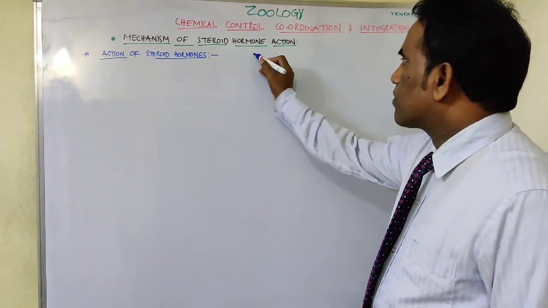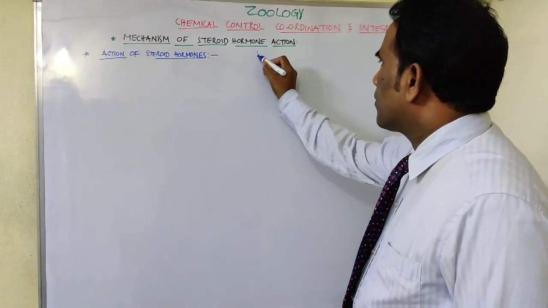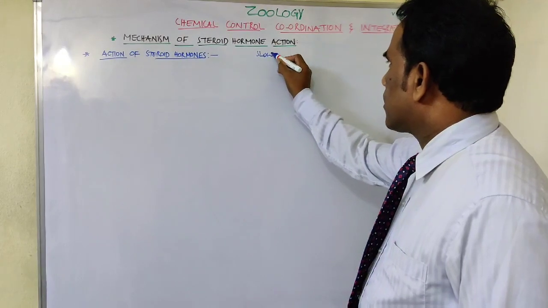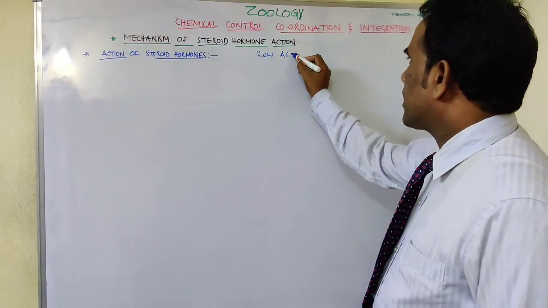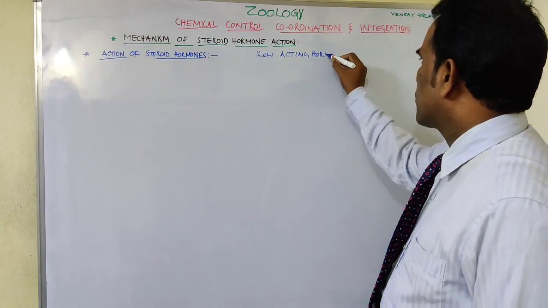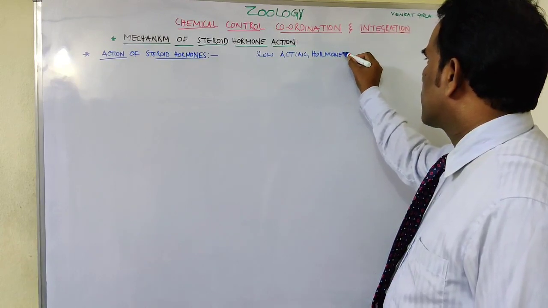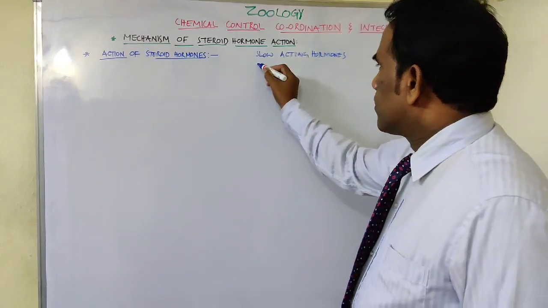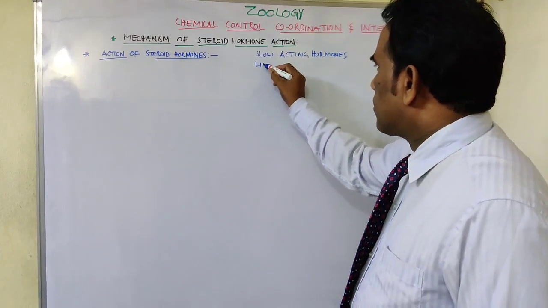Steroid hormones are slow acting hormones. They are lipid soluble hormones.